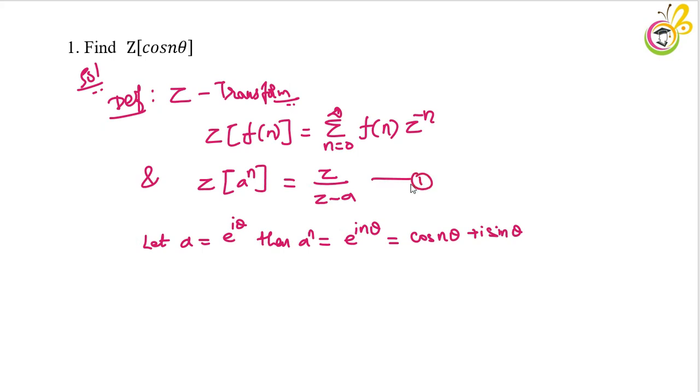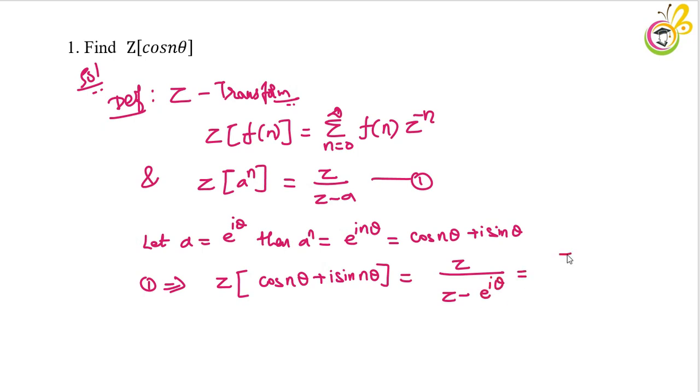So equation 1 can be expressed as Z of cos n theta plus i sin n theta, which is equal to z by z minus a. a is nothing but e power i theta, and that e power i theta can be expressed in polar form as cos theta plus i sin theta.